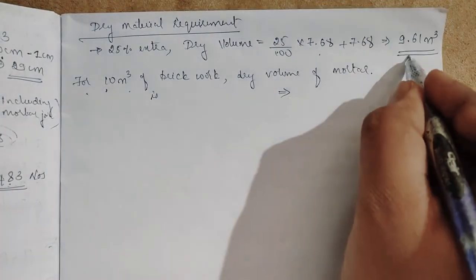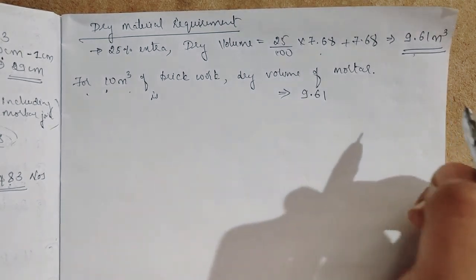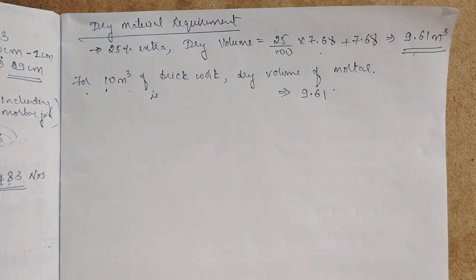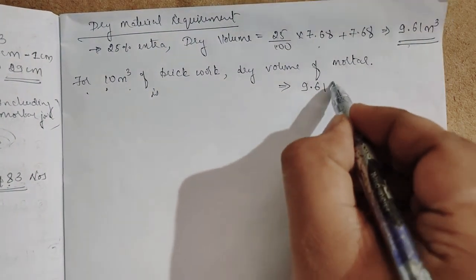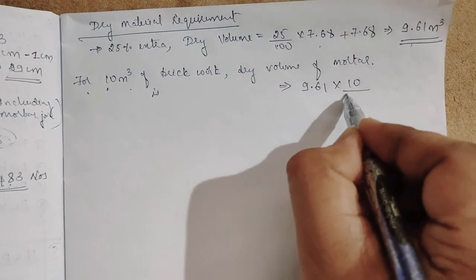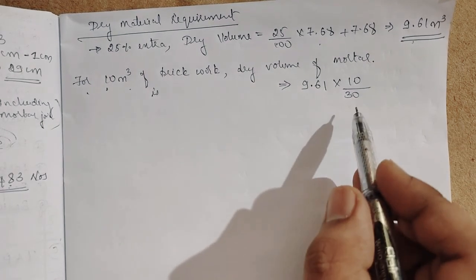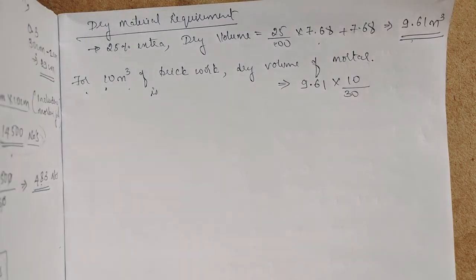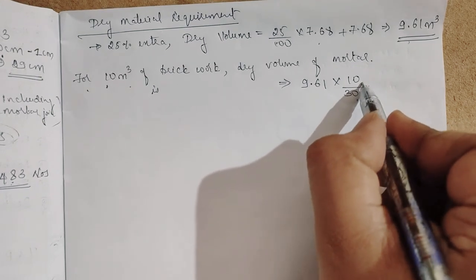That is 9.61. This is the dry material, 9.61 into 10 meter cube, which we assumed, divided by 30 meter cube. Why 30 meter cube? We have calculated the normal volume, that is the normal volume of the wall is 30. So this 10 meter cube we assumed.